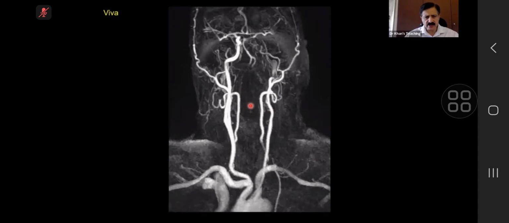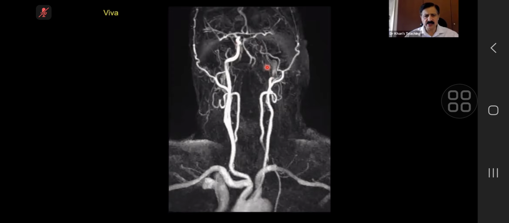Okay, so if you see here, this is an MRA. These kinds of MRAs are done with contrast. And here the main point is that we cover from the arch of the aorta till the circle of Willis. So the point to remember is that the origin of the great arteries must be included. So if you see here, the internal carotid artery on this side is absent.